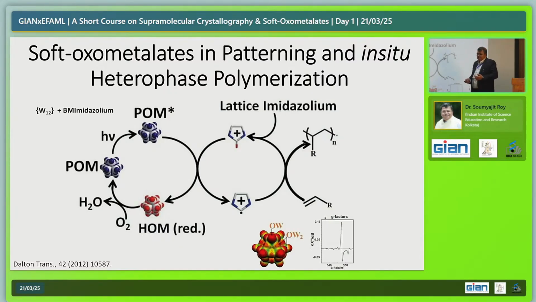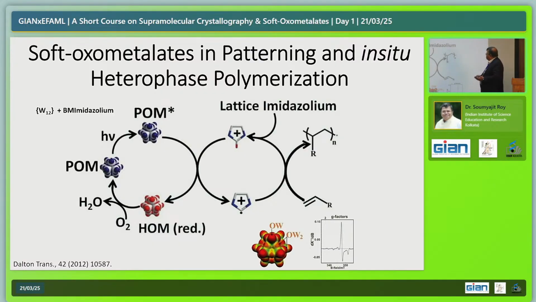now at MIT. So he did this reaction, and you took the polyoxometallate, he shined light onto this. When you shine light onto this, it goes to the charged, excited state. Now when you have it in this excited state, you have butyl methyl imidazolium.